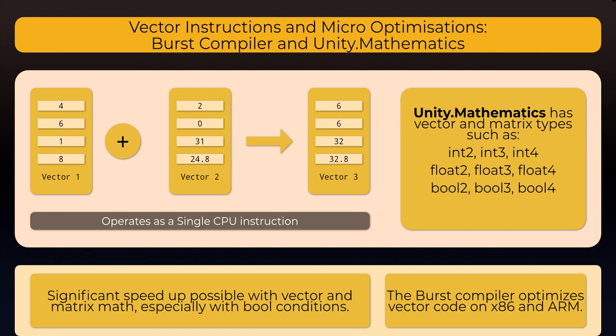The addition of these values is happening independently at each position, and that just speeds things up. This is supported in ARM and x86 and various processor types. The Burst compiler will optimize these and make sure the native code generated is pretty lean. So it's worth using the Burst compiler with your jobs, and it's definitely worth looking at the Unity.Mathematics package and using that.